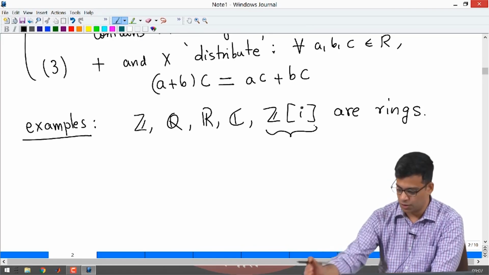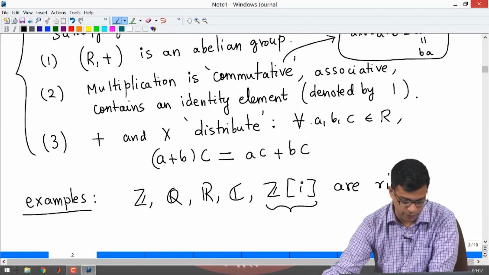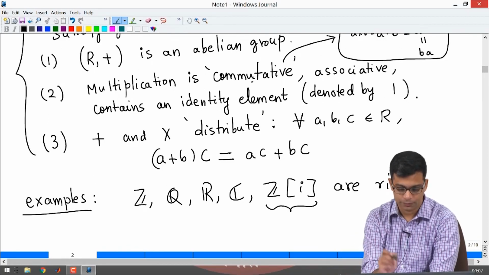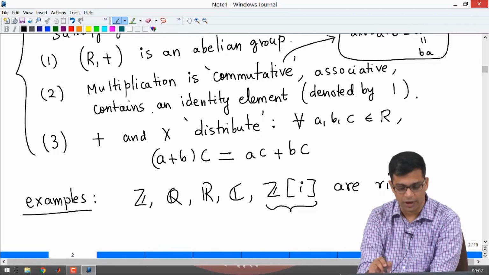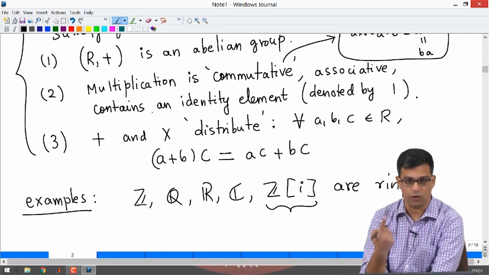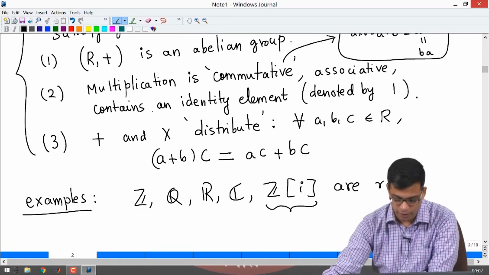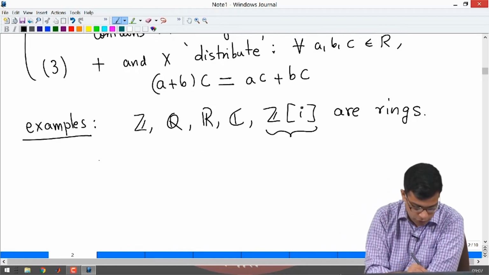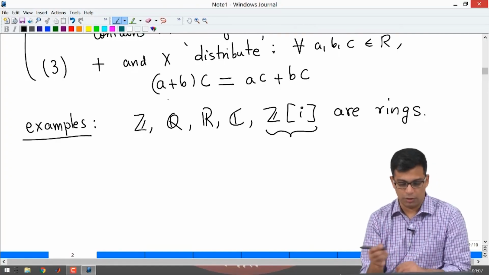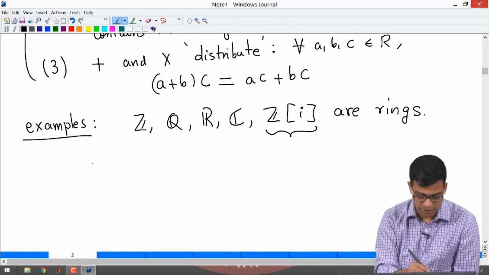And with multiplication, they are not necessarily groups, but they have the property that they are commutative, they are associative, they contain identity element. In each of these cases, one is the identity element, and the new property that one can check easily is distributivity.